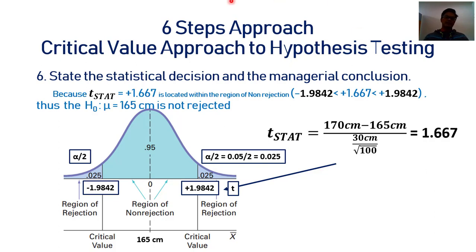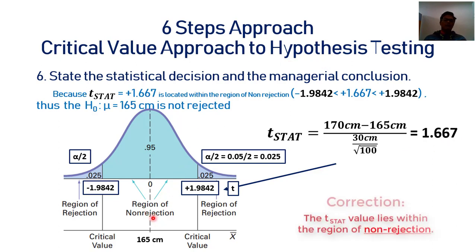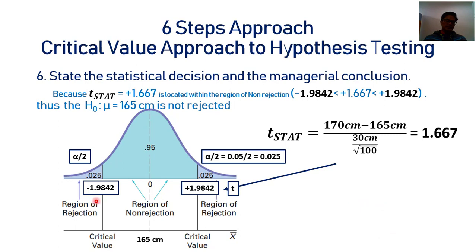State the statistical decision and the managerial conclusion. Since we have calculated that the t-stat of our sample equals 1.667, we compare it with the critical values.